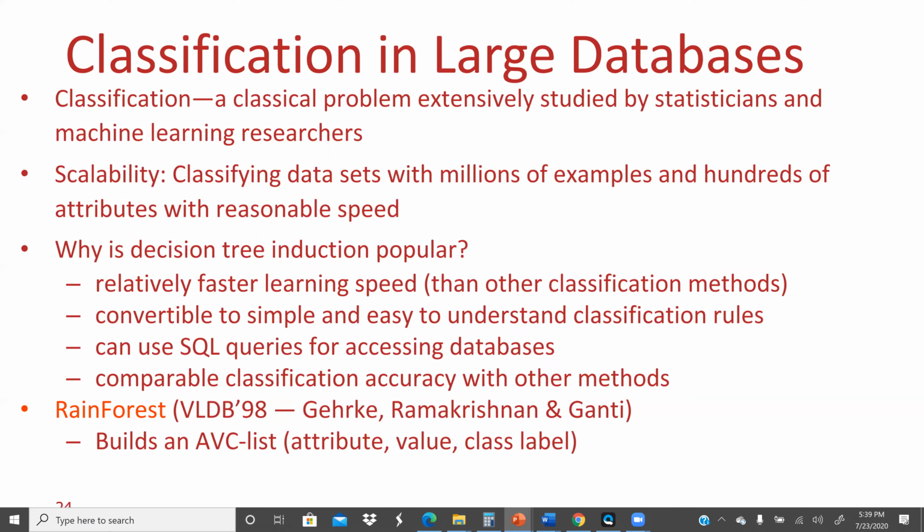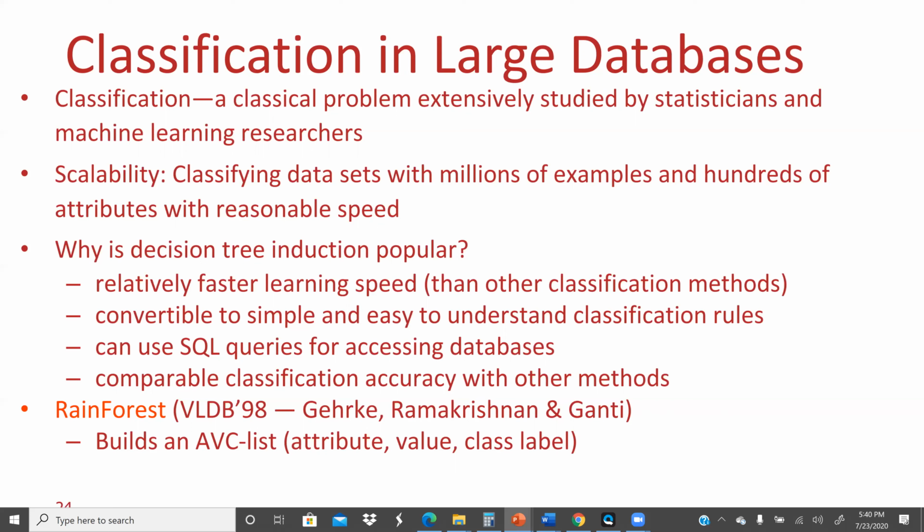On scalability, we classify data sets with millions of examples and hundreds of attributes. And why is decision tree induction popular? The output is easy to understand and interpret, and it has relatively fast learning speed. We can also use SQL queries for accessing databases. And we can get comparable classification accuracy with other methods.